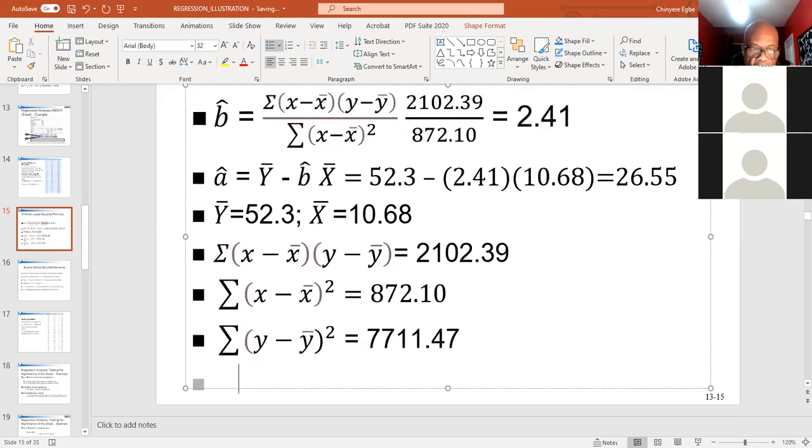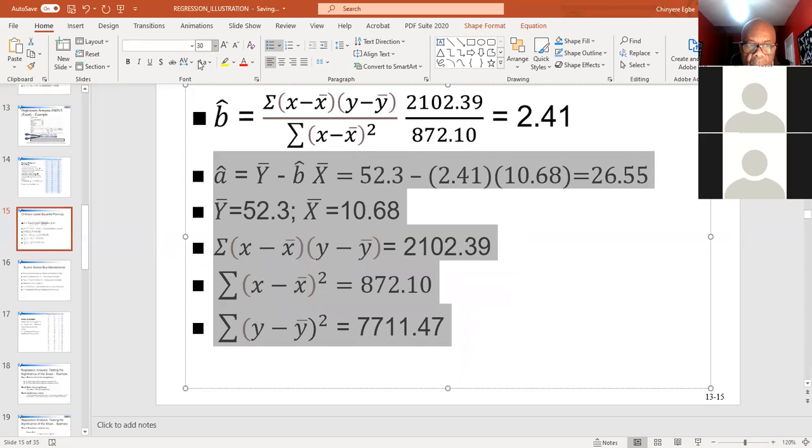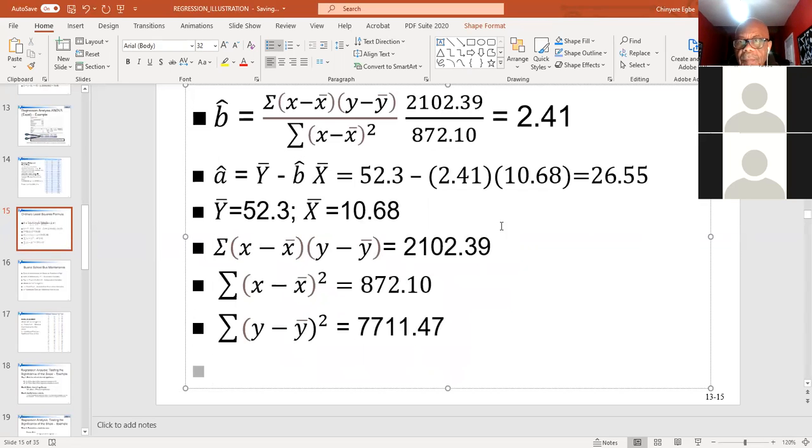So now, what do you do with this information? 2.41 times 10.68 is 25 point something, but if you subtract that from 52.3, you're going to get 26.55.